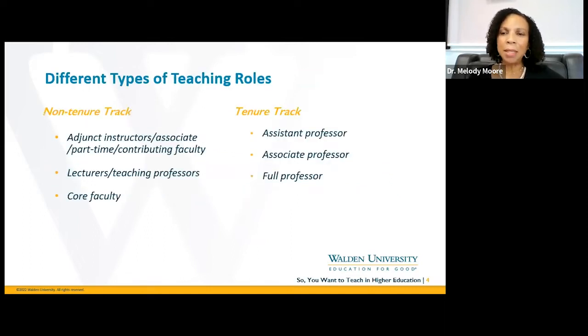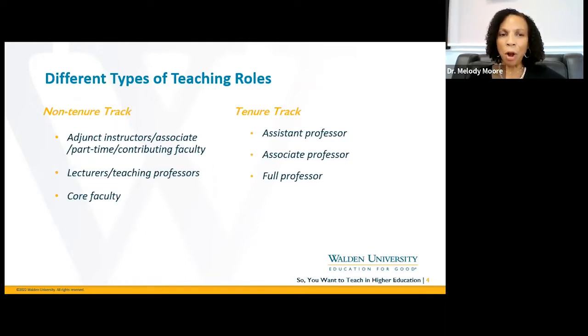There are many different types of teaching roles. We've divided them into non-tenure track and tenure track. So under the category of non-tenure track, there are adjunct instructors, associate, part-time, and contributing faculty.